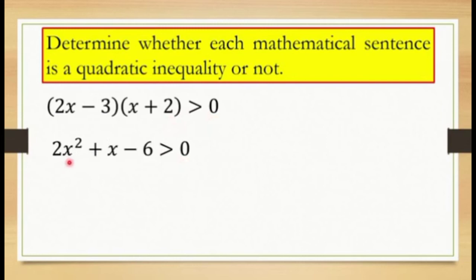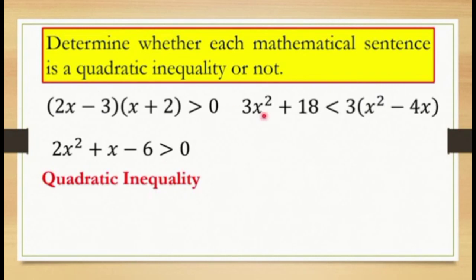So, you will have 2x squared plus x minus 6 is greater than 0. Kapag na-solve na natin siya, now you can identify if it's quadratic inequality or not. So, titingnan natin, naka-degree 2 ba siya? Yes. Ang a niya ba ay hindi equals 0? Yes. Ang symbol niya ay greater than. So, therefore, this is a quadratic inequality.